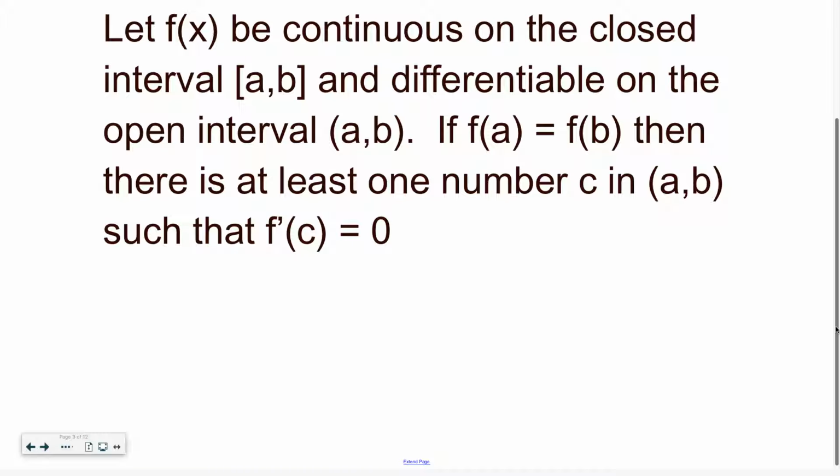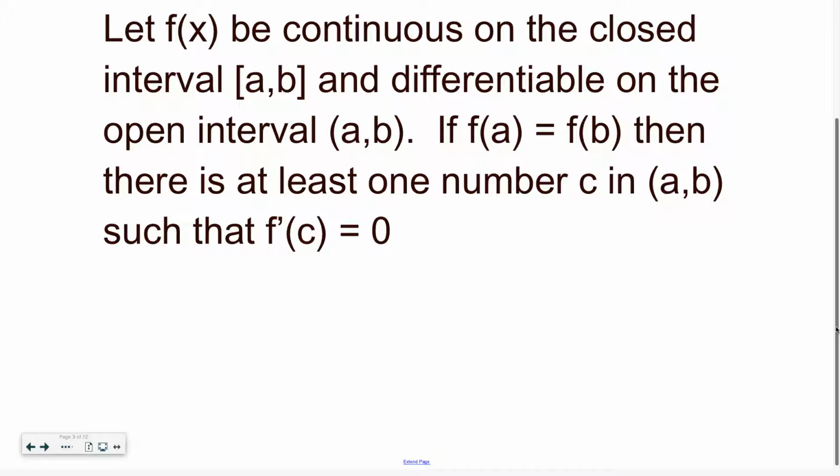When I give you a function, you need to check 3 things first. Number 1, is it continuous on the closed interval? Number 2, is it differentiable on the open interval? The endpoints don't matter, but in between, are we differentiable? And number 3, are our y values the same?